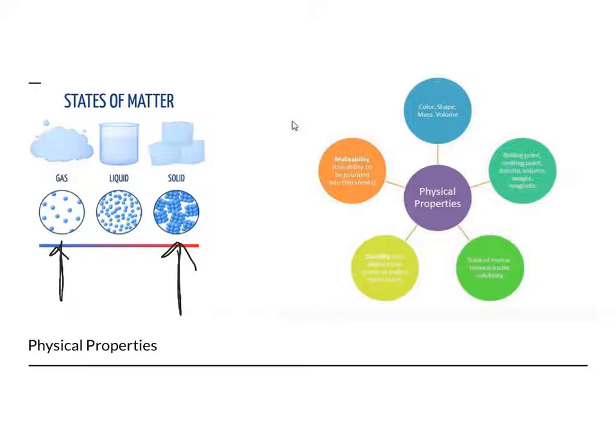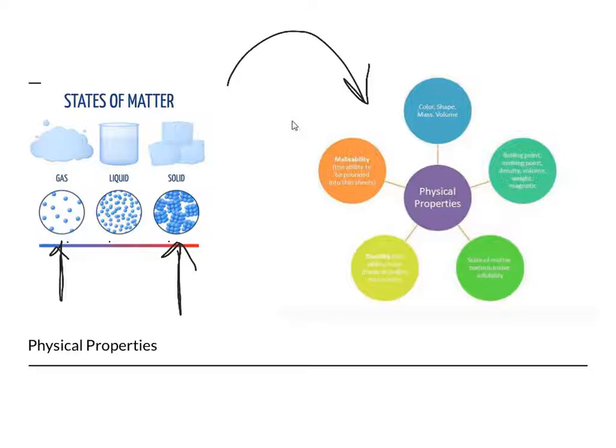This arrangement of particles in solid, liquid, and gas is what goes on to dictate whether you're going to have materials being highly conductive or ductile. It can also talk about volume. So all of these particle arrangements of solid, liquid, and gas actually lead to these other physical properties as well.